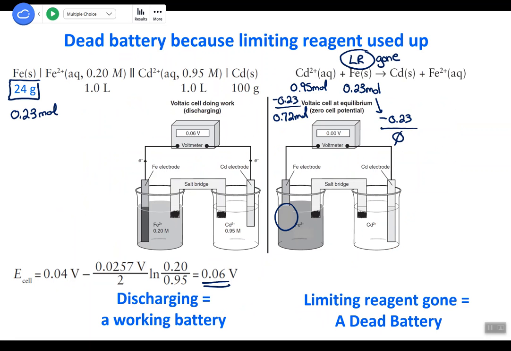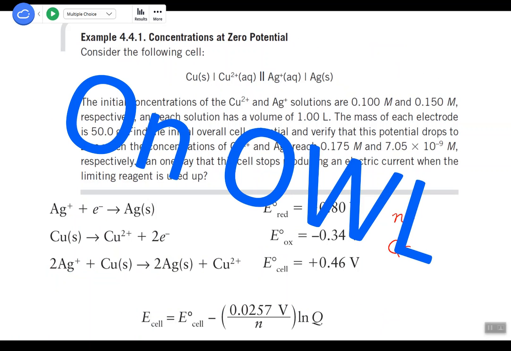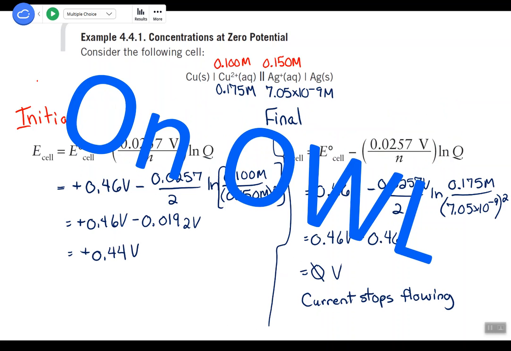If we have a battery that doesn't have concentrations because everything's solid, well, it's just going to be running out of the limiting reagent. If we have solids and aqueous, well, something could run out, or the ratio gets to 0. So example 4.4.1 in your workbook is another example just like the one we talked about, so we're not going to talk through the same example again. I'll let you review this on your own time.